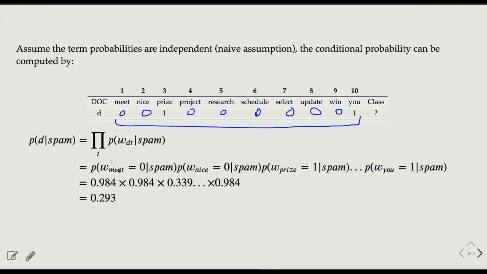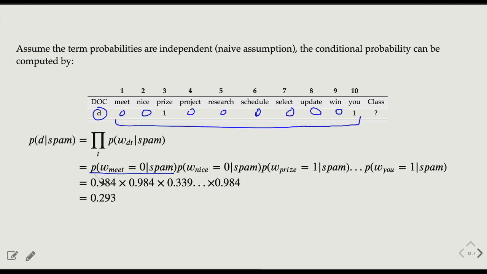According to the Bernoulli formula, we can quickly realize that this is actually a product of the individual probability values based on the independence assumption. So the joint probability, this document can be treated as a combination of all these different terms together, a joint event of the individual terms.